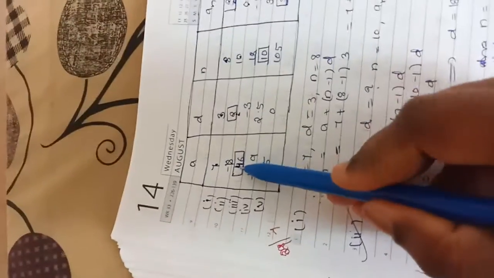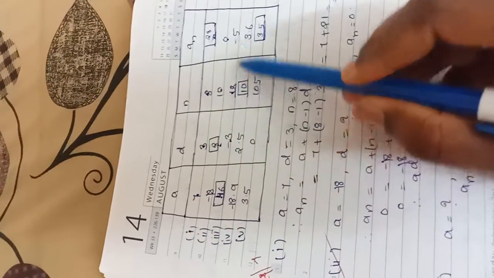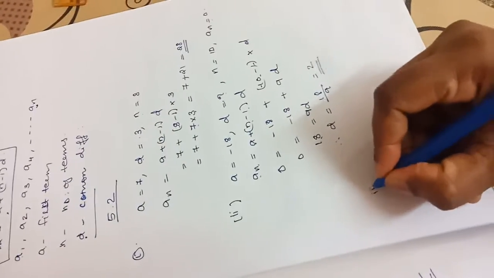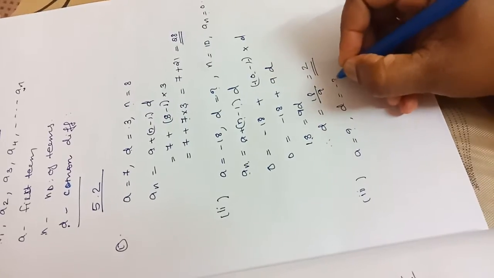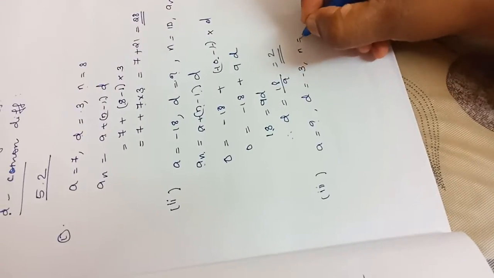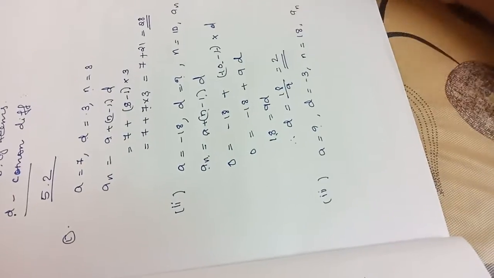Next, in this question, a not given, d is equal to minus 3, n is equal to 18, An is equal to minus 5. So I am writing here. Third one, a we have to calculate. d is equal to minus 3, n is equal to 18 and An is equal to minus 5.